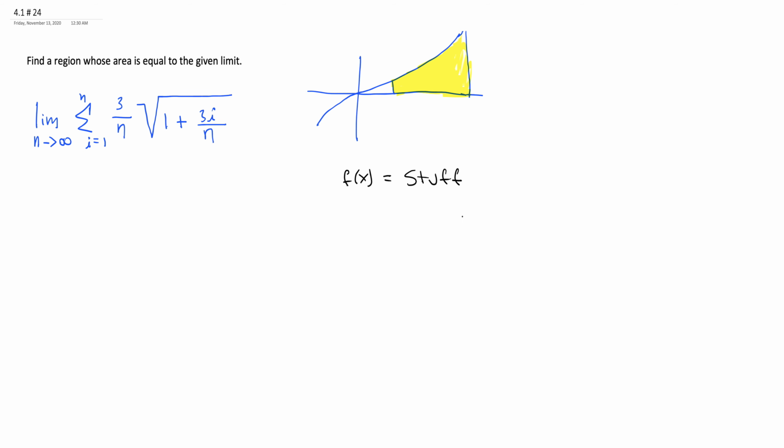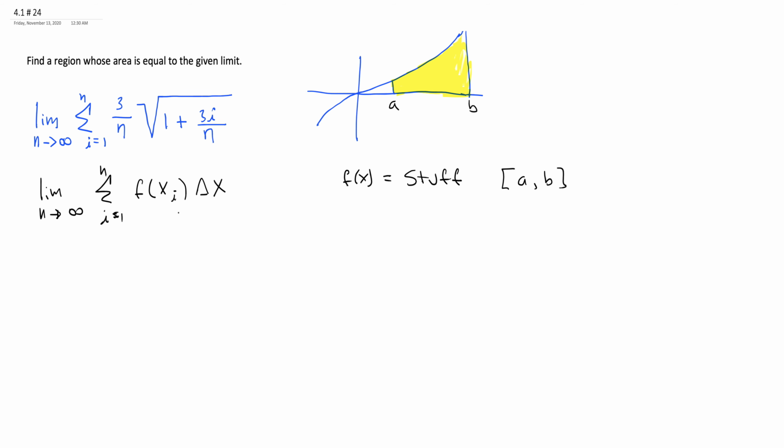And then you're going to have a domain from A to B, where this is your A and this is your B. Okay, and what I know is this formula right here can be rewritten into a more generic formula, which looks like this: the limit as n approaches infinity of the sum from i equals 1 to n subintervals of f of x sub i delta x.